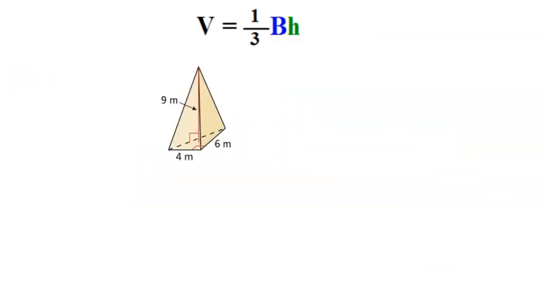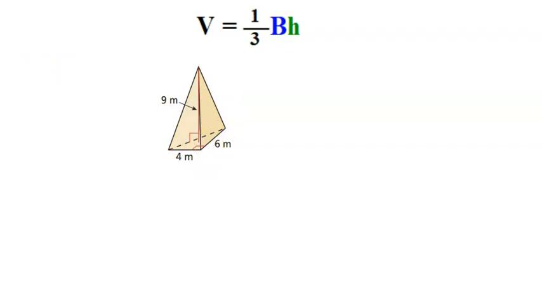So let's go ahead and do one of these. Let's find the volume of this pyramid. I've got the formula right here. Volume is 1/3 area of the base times the height. Now let's see which one of these is the base. Since they're all triangles, we'll just assume the base is the one it's sitting on. So this is a triangular pyramid.